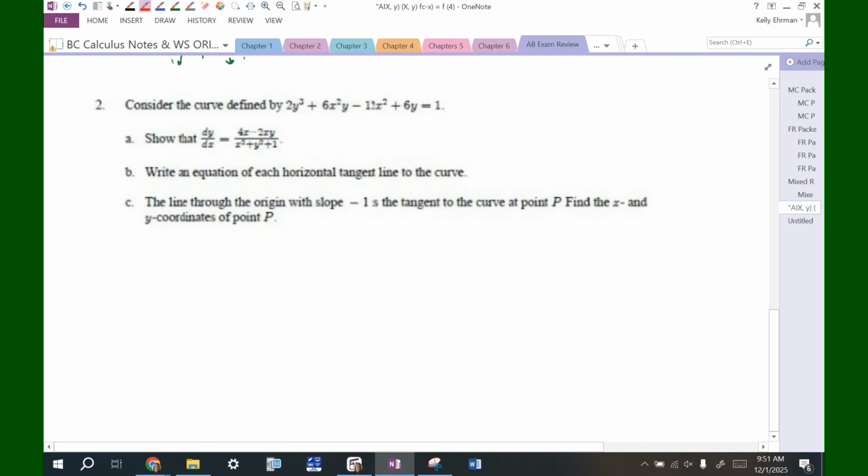So show that dy dx equals this. So we are meant to do implicit differentiation. So take the derivative with respect to x of both sides. And don't forget about product rule.